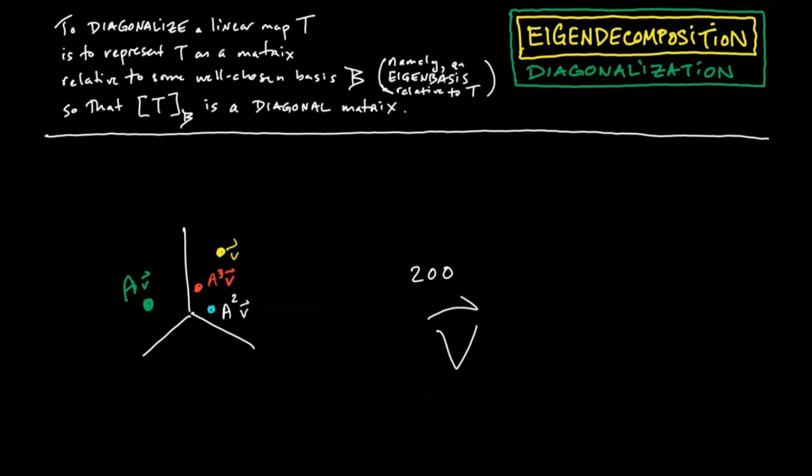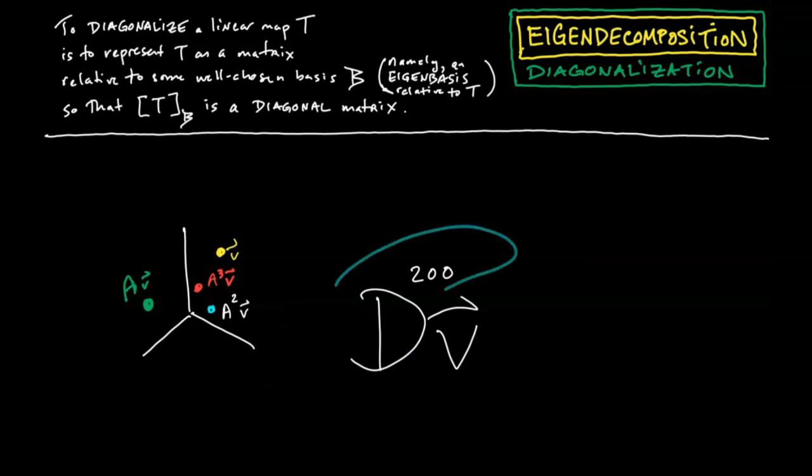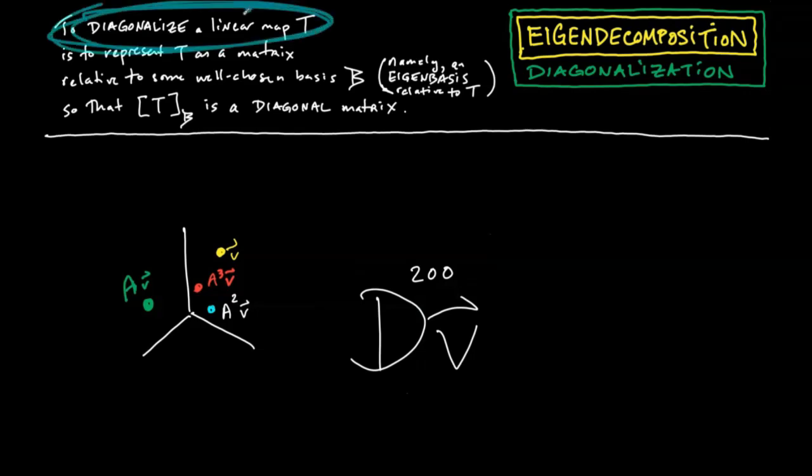But if instead we have a diagonal matrix, then computing this is child's play. All we have to do to get D to the 200th power is raise those diagonal entries to the 200th power, and then it's just a single matrix vector multiplication, which itself is especially easy because D to the 200th is still diagonal. All this is to say that there are very, very good reasons why we like to diagonalize linear maps.